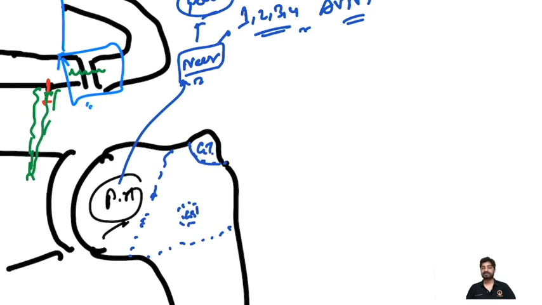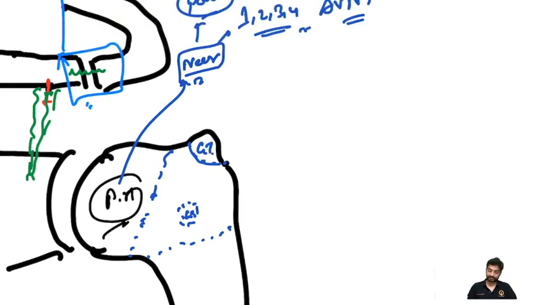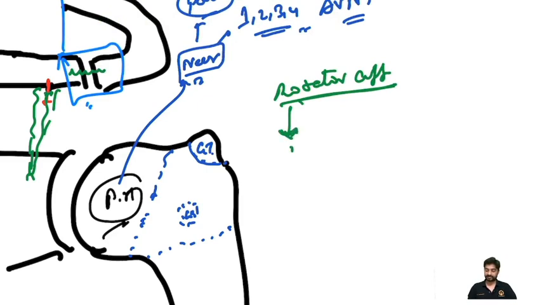So many muscles are attached to it, which are also known as your rotator cuff muscles. Here there are 4 major muscles: supraspinatus, infraspinatus, teres minor and subscapularis.